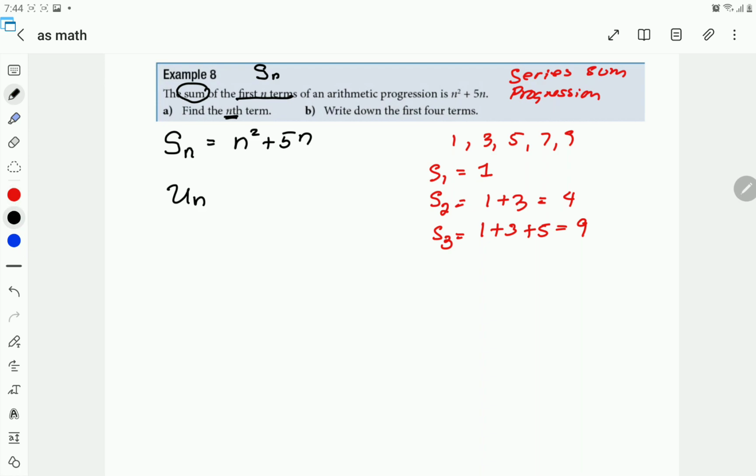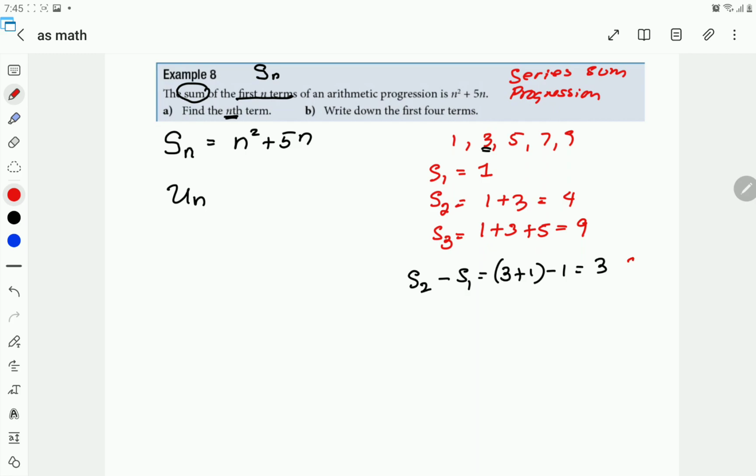Now, please observe, what shall we take if you have S2 minus S1? The sum of the first 2 minus the sum of the first one is equal to 3 plus 1 minus 1. So that is equal to 3. What does that 3 stand for?